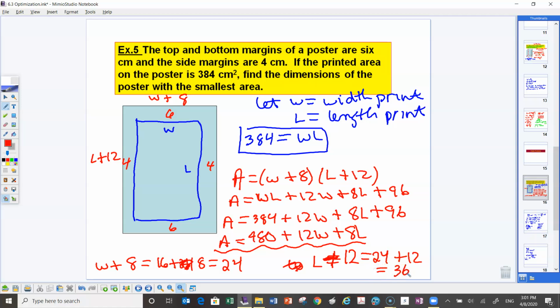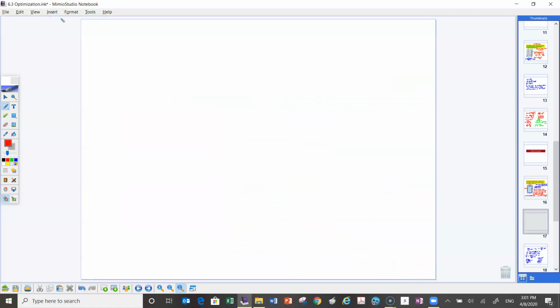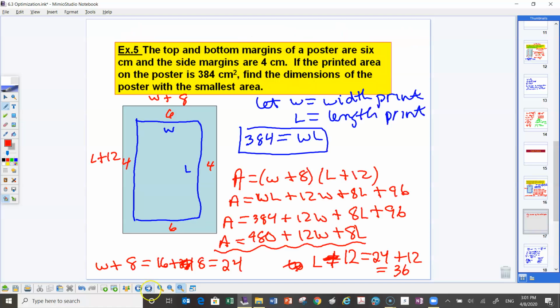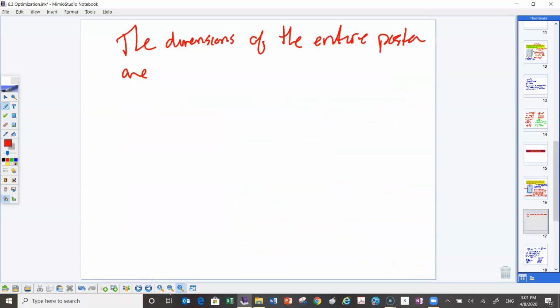So therefore, I can write my final statement. The dimensions of the entire poster are 24 centimeters by 36 centimeters.